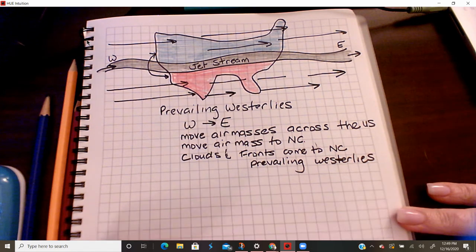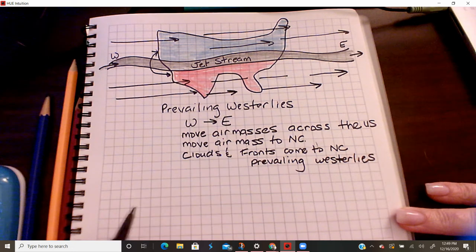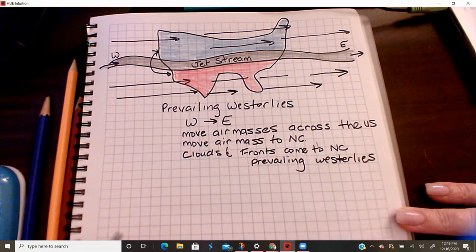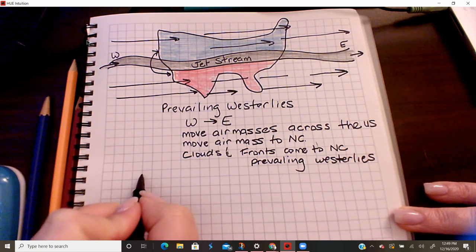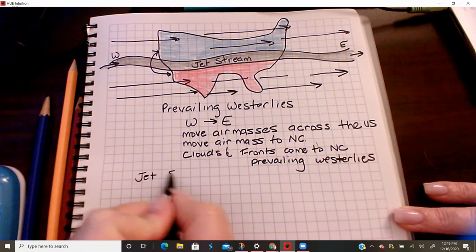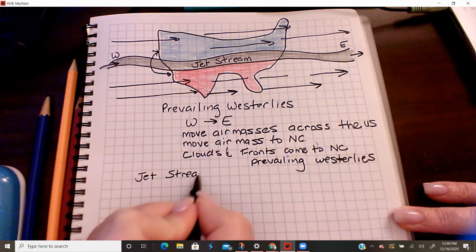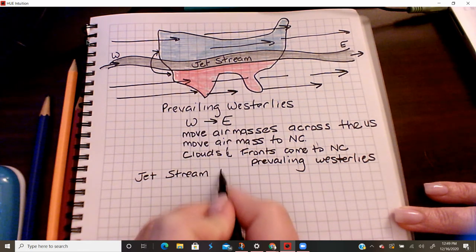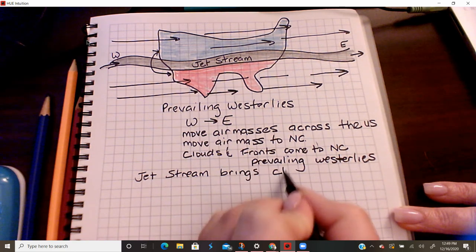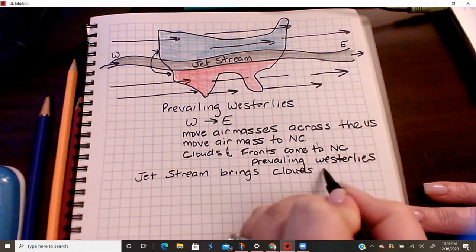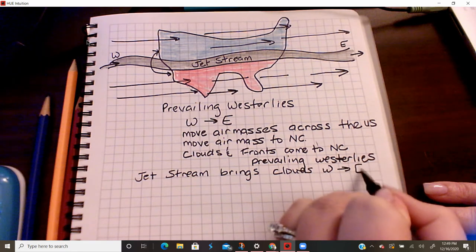They bring air masses to us. They move air masses to North Carolina. They bring the weather to us. And not only that, but the jet stream helps with that too. Now, the jet stream can also bring clouds west to east. Right?